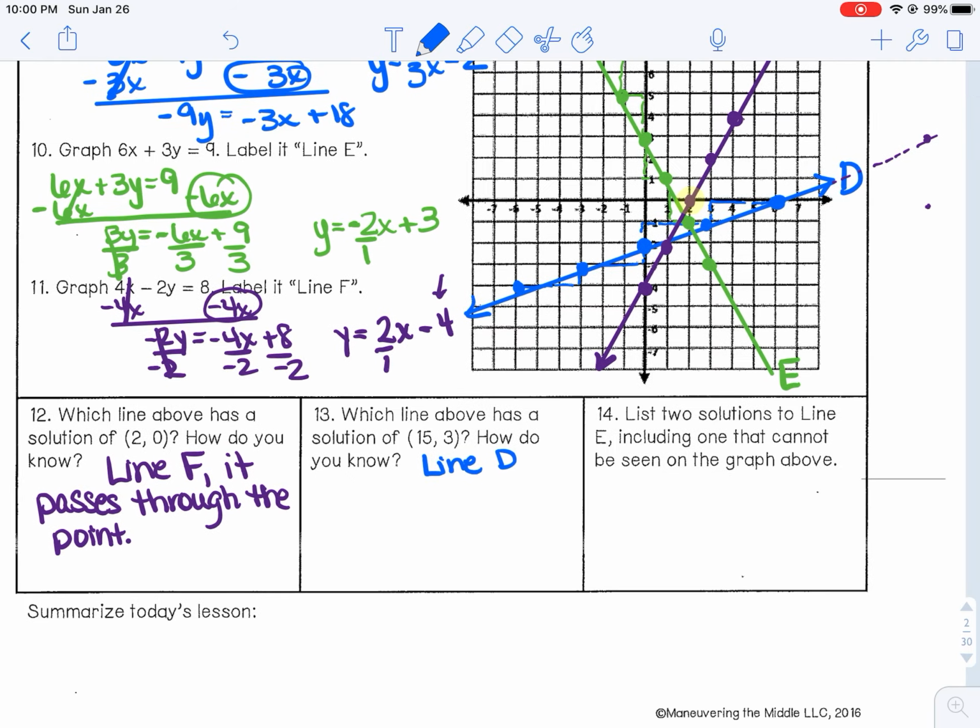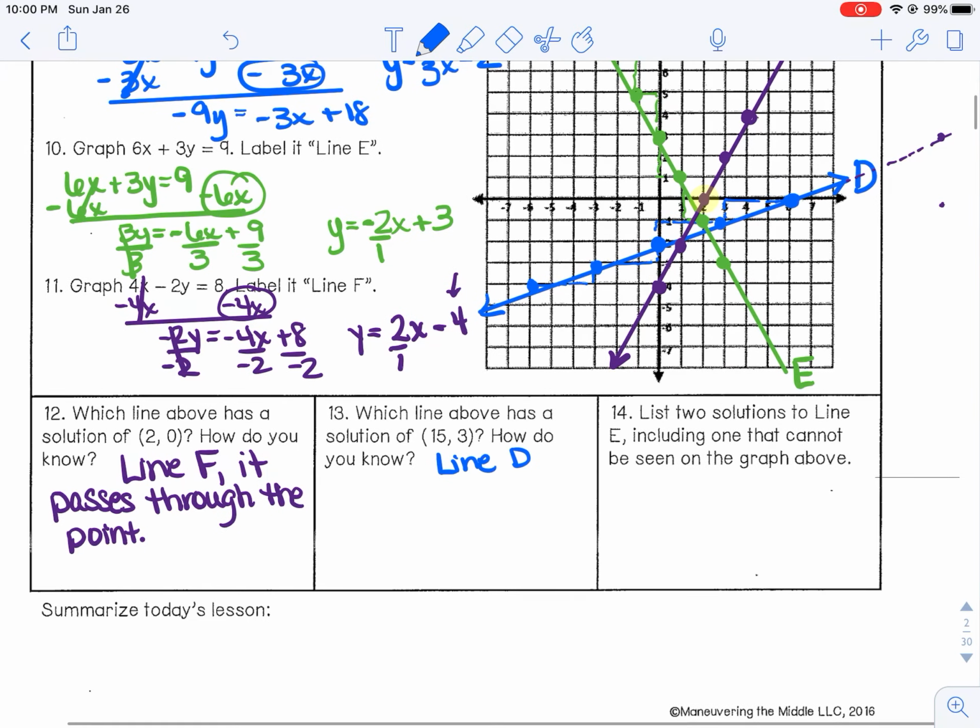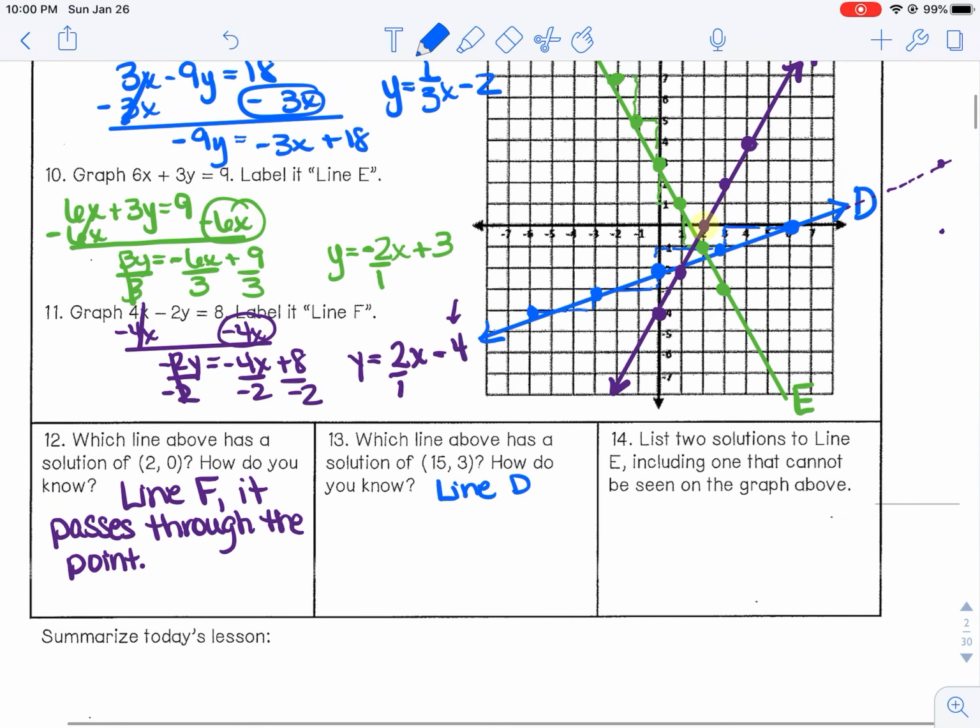by plugging it in. So let's see, the equation I have is y equals 1/3 x minus 2, or I could use the original, it doesn't matter which. And I'm going to plug in the value of x for 15 and y for 3.